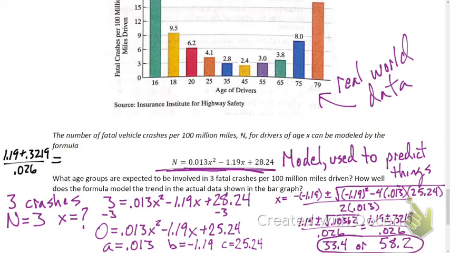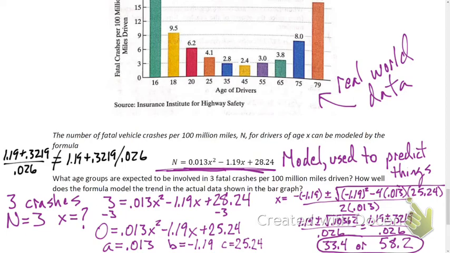Do not type 1.19 plus 32.19 divided by 0.26. Those are not the same thing. If you want to use the calculator and do it in one shot, you need to wrap that in parentheses on the top or press Control Divide. If you press Control Divide, you're going to get a nice fraction and then you can type it. So be really careful at typing that fraction in there.